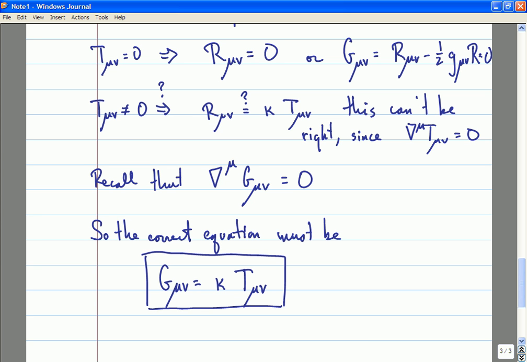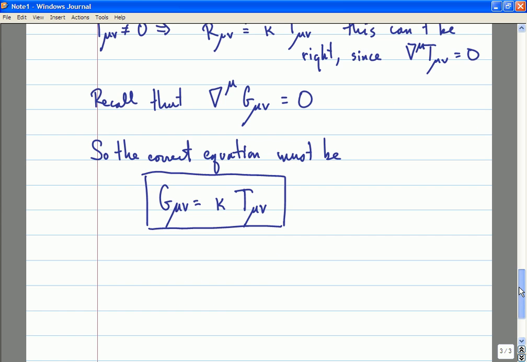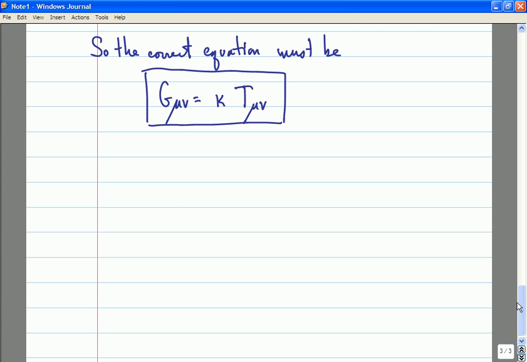Okay. Well, we're going to spend a little bit of time processing this equation and thinking about this equation. And the first thing that we would like to ask about this equation, well, we're trying to come up with a new theory of gravity to replace Newtonian gravity.